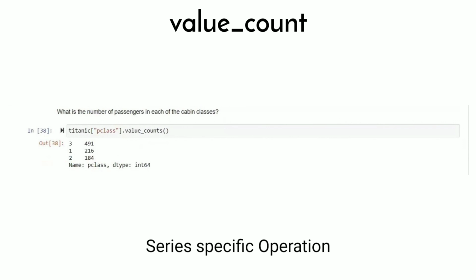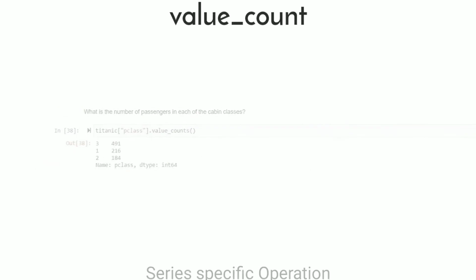It doesn't run on data frames. So if you're working with data frames, you have to emphasize that you want the operation to be run on a specific column. And in this case, we're running the operation on the column passenger class. We call .value_counts, and we can see we had 3 distinct passenger classes, 3, 2, 1, as well as the value counts for each passenger class.